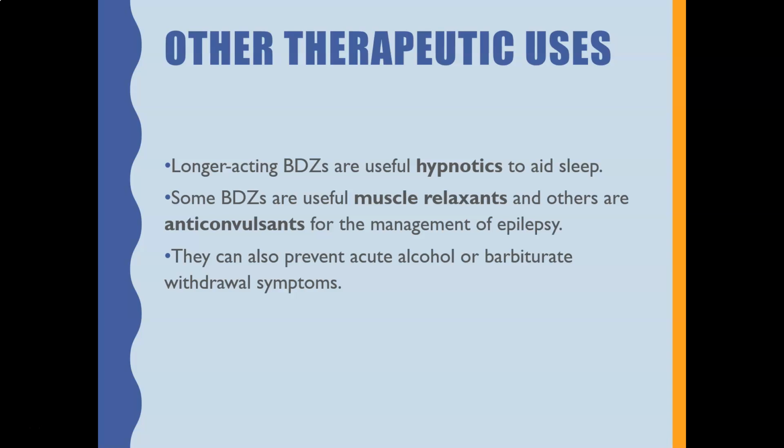So for somebody struggling with epilepsy, anticonvulsant drugs will often enhance GABA in some way. And they can also be used to prevent alcohol or barbiturate withdrawal symptoms without having to necessarily worry about cross tolerance because they work on slightly different mechanisms.